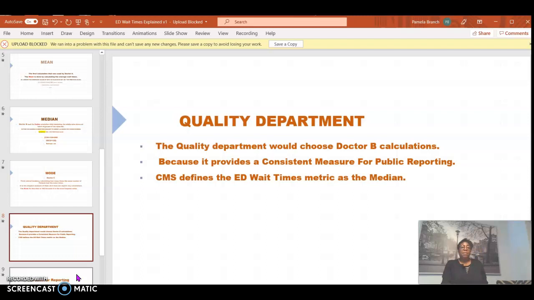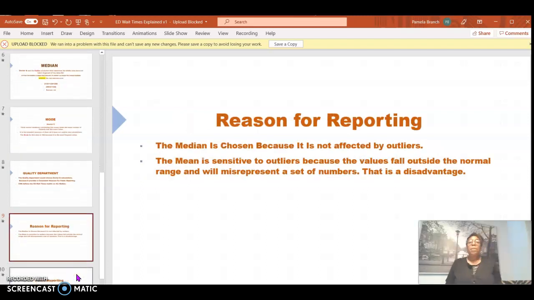CMS defines the ED wait time metric as the median. The reason for reporting the median is that it is not affected by outliers. The mean is sensitive to outliers, because a value that falls outside the normal range will misrepresent a set of numbers. So this is a disadvantage.